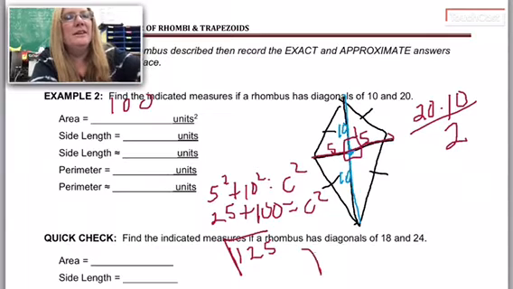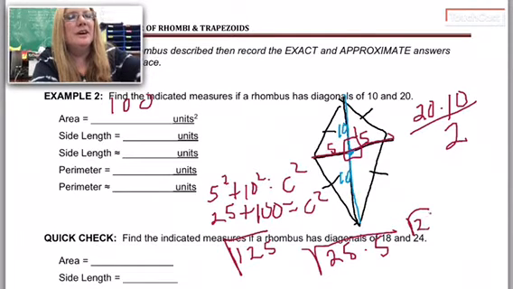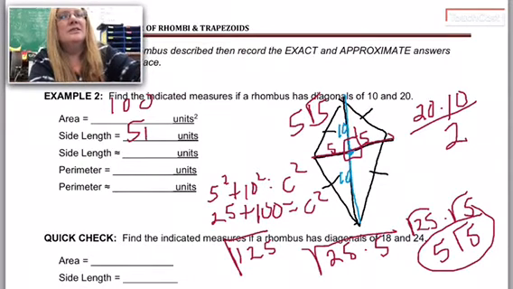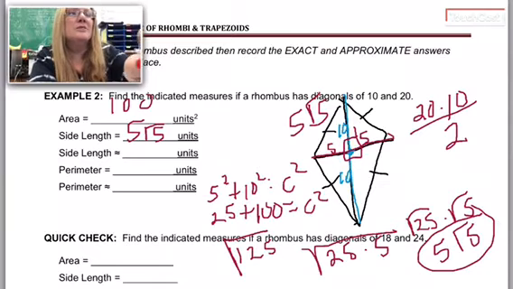Now I can rewrite that as 25 times 5, and so that's the square root of 25 times the square root of 5, and the square root of 25 is 5, and so the side length is 5 times the square root of 5. And so that's my exact answer. Approximate, we can look it up. The perimeter is 4 times that, so it would be 20 square root of 5.